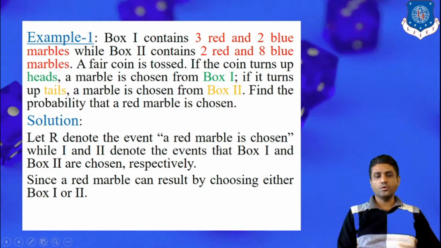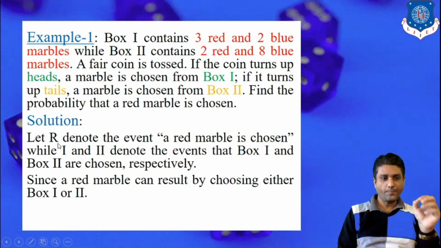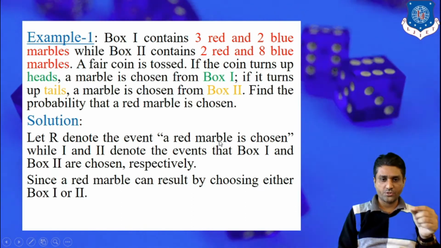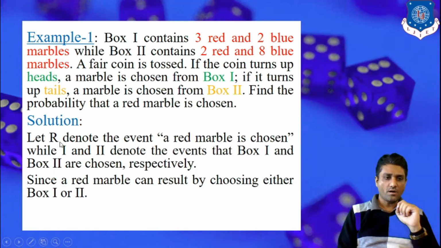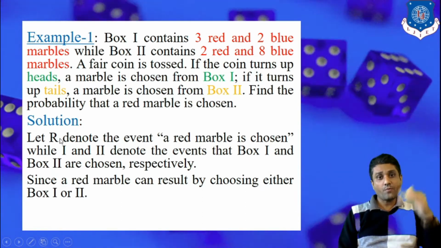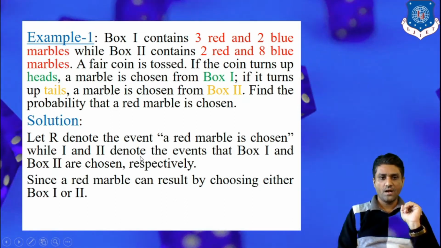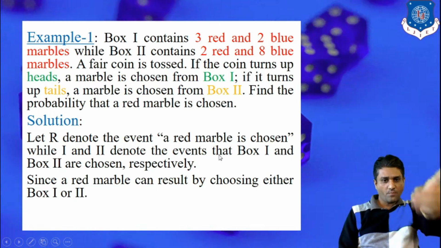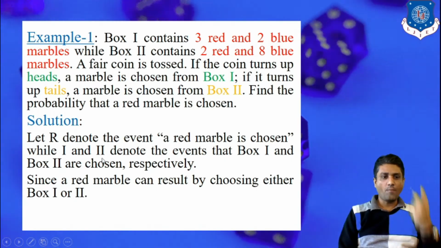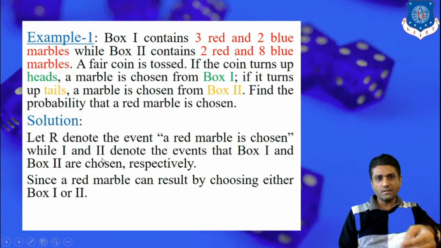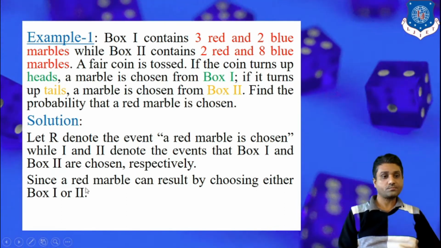Roman 1 denotes that it comes from box 1, and Roman 2 if the red marble is drawn from box 2.